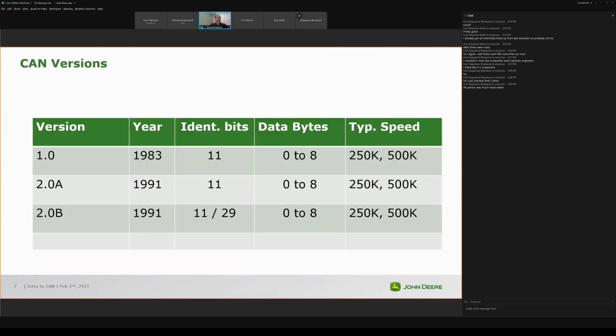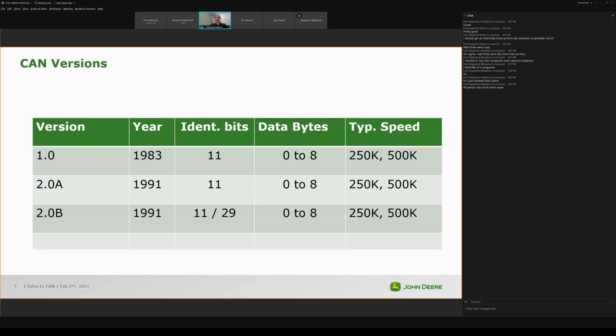It's a progression: in 1983 the first version was created, and after that the standard was updated in 1991. John Deere has gone with 2.0B, which supports 11-bit and 29-bit identifiers.